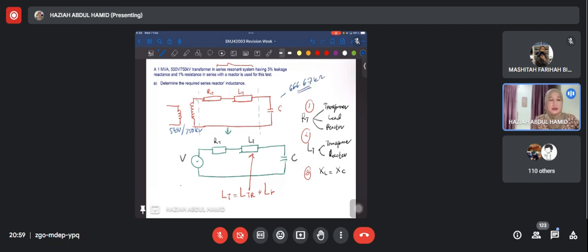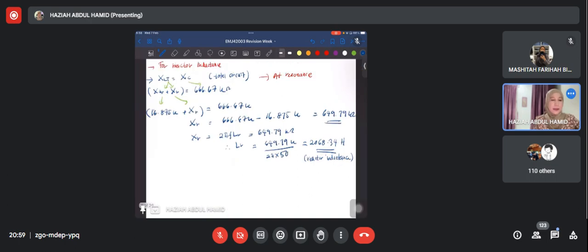Okay. So XLT ni must equal to XC. Tapi XLT ni is the total XL. Not only for the transformer, not only for the reactor, but the total. Transformer plus reactor equal to XC. Resonant condition.